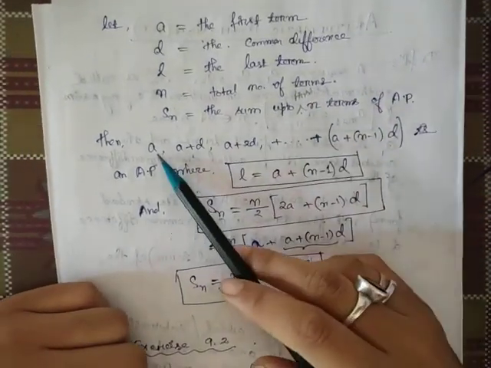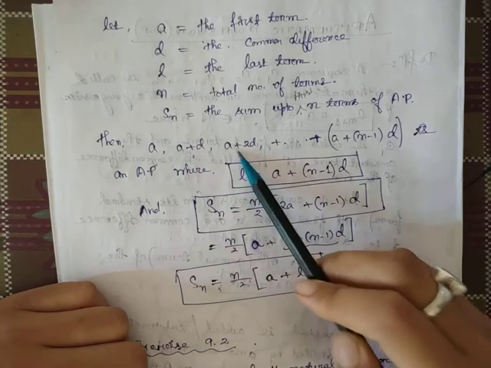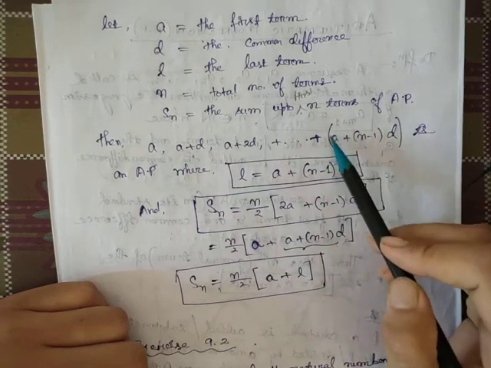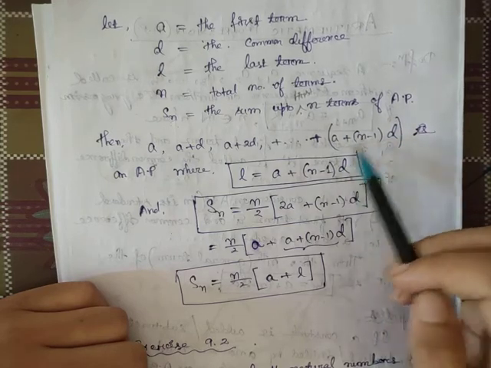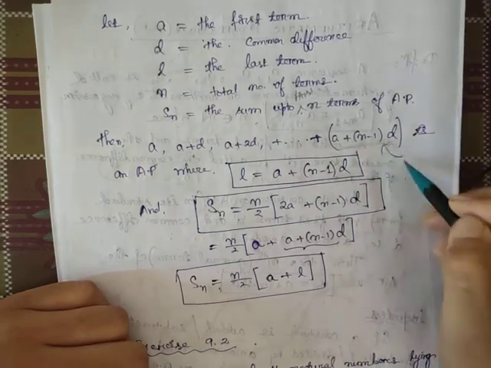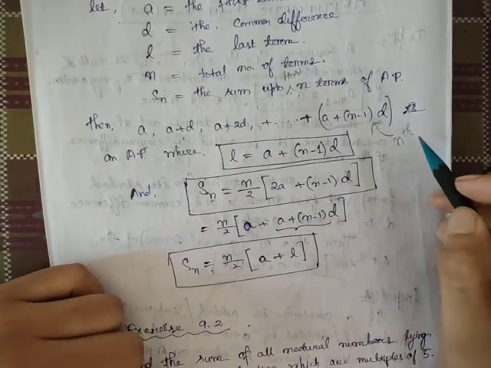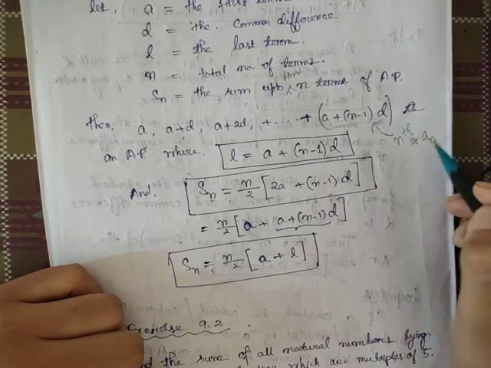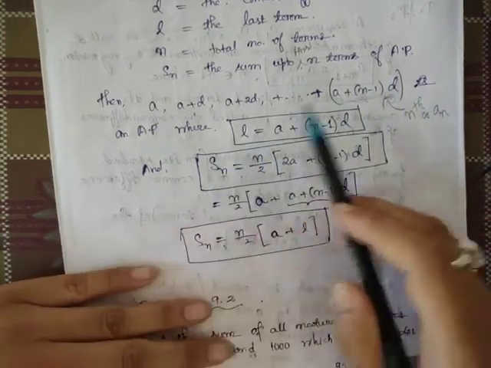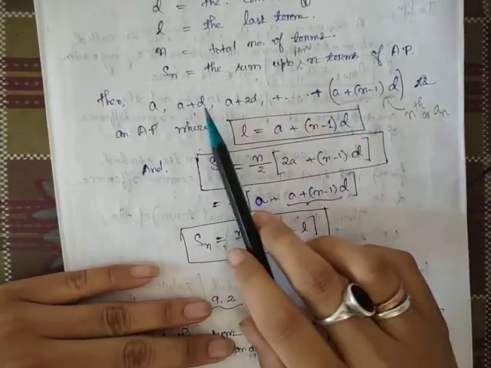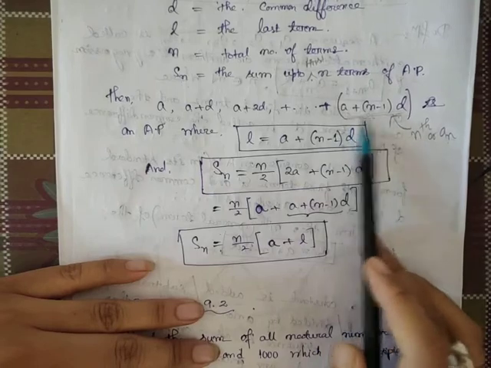Then the second term is a plus d, the third term is a plus twice d, and it goes on, and your nth term is a plus n minus 1 d. This is your nth term. If your arithmetic progression is finite, that means a finite number of terms, then this nth term is your last term.